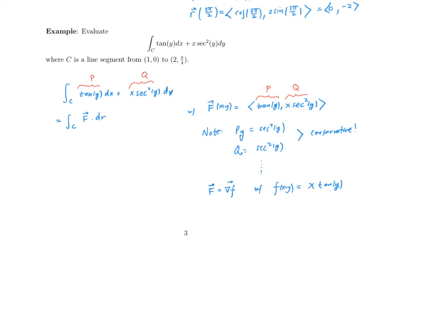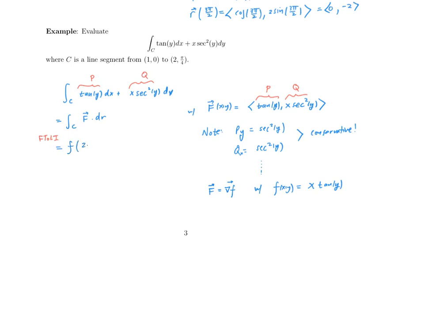With that observation in mind, we can now apply the fundamental theorem of line integrals. And make sure each and every time you apply the fundamental theorem of line integrals, you tell me that you are doing so. Otherwise, I will subtract some point or fraction of a point, and you probably will not be happy with me.